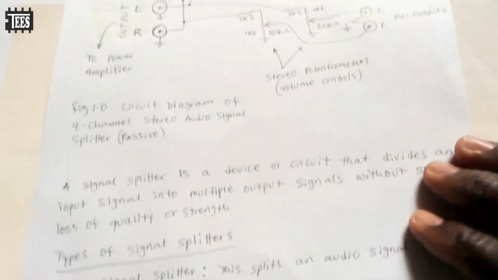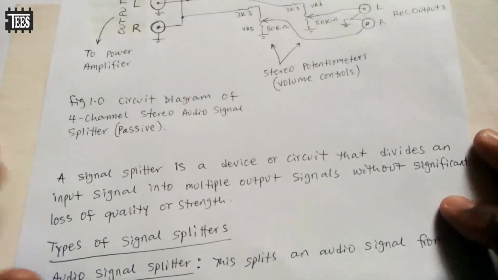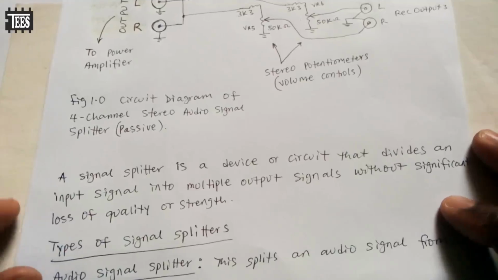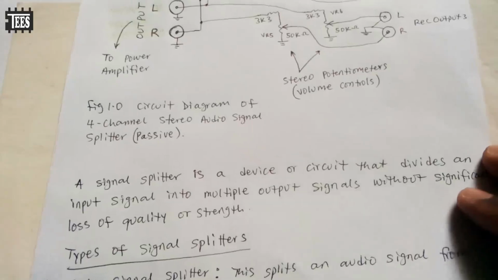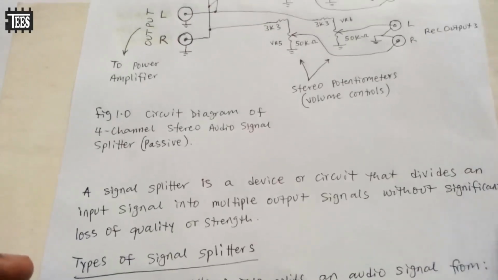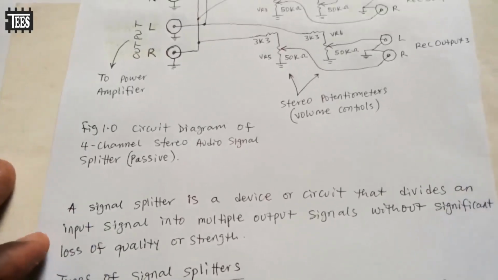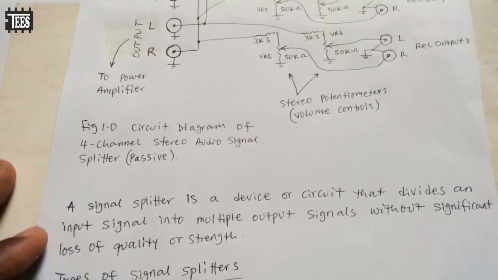So a signal splitter, we know that you have one output signal and then you need multiple, different separate input devices where that signal needs to be fed to them. So in this case now you need a signal splitter that will be able to split these signals into multiple outputs so that you can feed to each of the separate input devices.